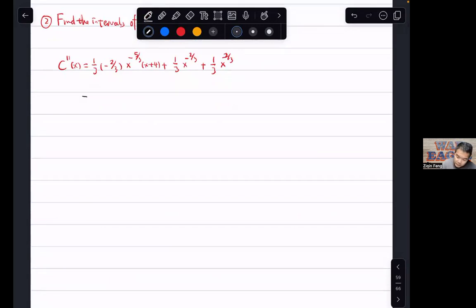So this is negative 2 over 9 times x to the 5 over 3, times (x plus 4), right? Then plus 2 over 3 times x to the 2 over 3, times, because you need to take a common denominator, so times x here, then times 3 times 3. We want to get a common denominator, right?